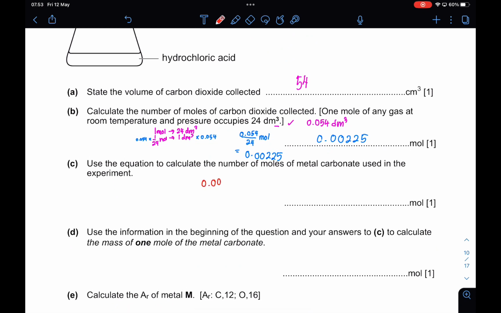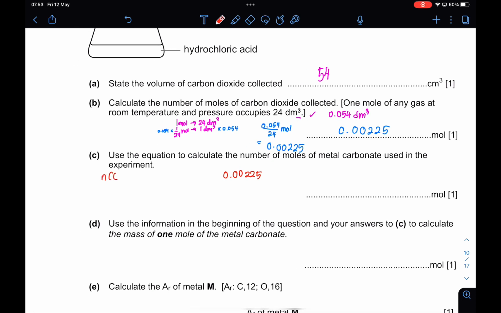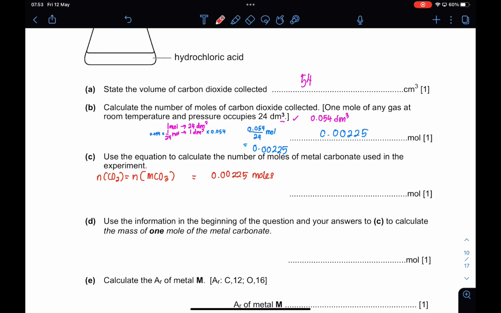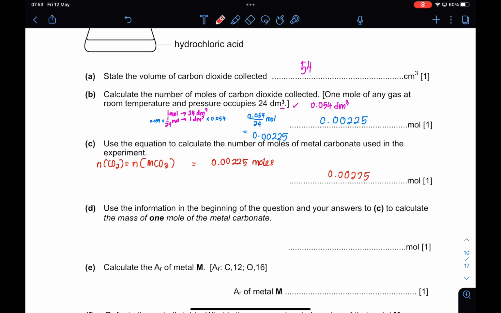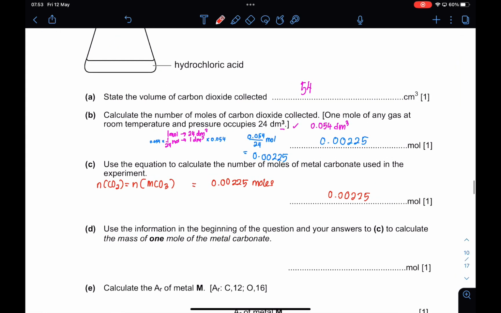So number of moles of carbon dioxide is the same as the number of moles of metal carbonate. So you can write down, therefore equals to this number of moles, which is 0.00225.